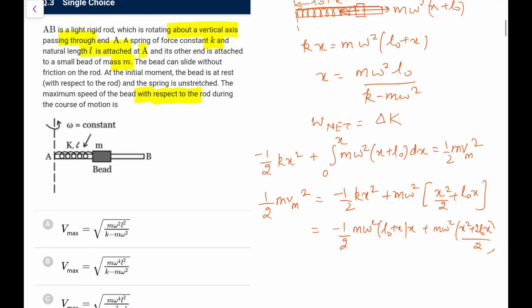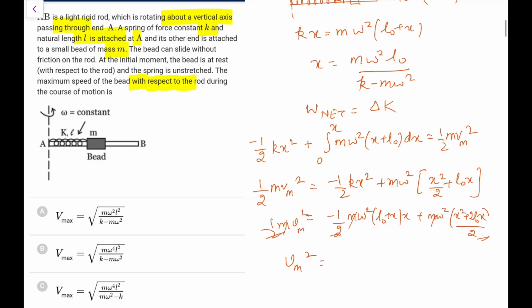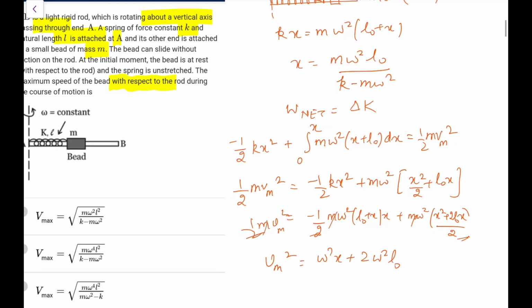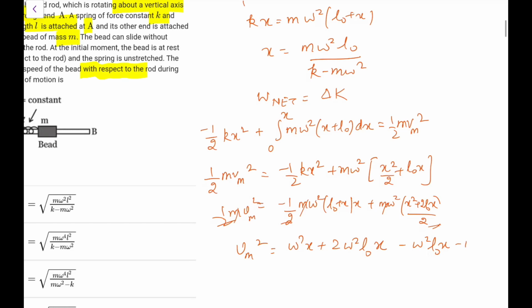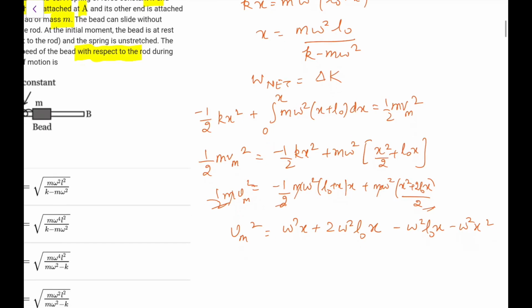Here the 2s and the m will cancel, so v max square is omega square x square plus 2 omega square L naught x, minus omega square L naught x, minus omega square x square.